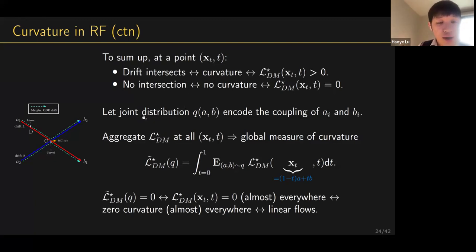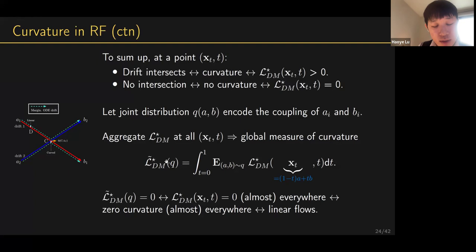So let's define the formula. Let's use this fact to define the curvature of the entire trajectory. Suppose we have a joint distribution of the coupling A and B, and then we can aggregate the curvatures, or the optimal drift matching loss, at all points to obtain a global measure of the curvature, as I show here.